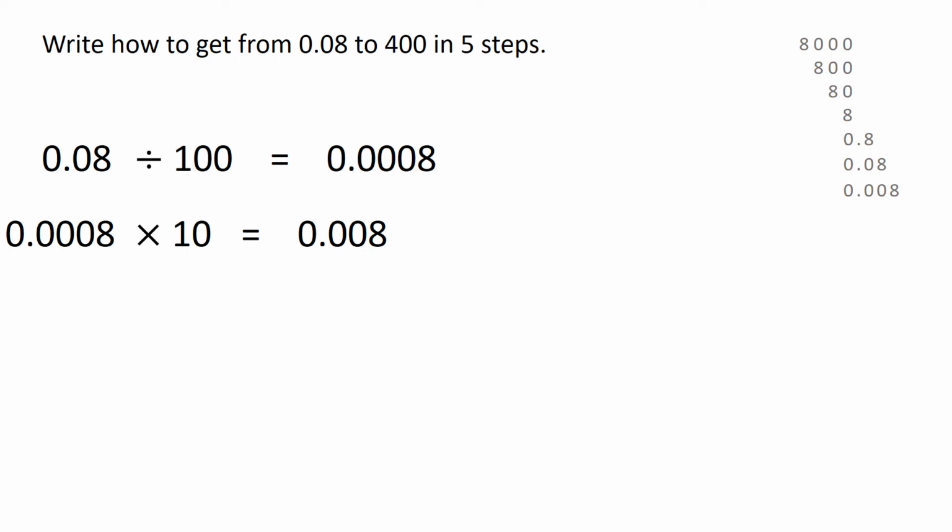So there are so many opportunities within this task for pupils to practice this idea of moving up and moving down the chart for any given number of steps. So 0.008. Okay, what could we do with that? We could times it by 1000 and move up the chart 3 places.